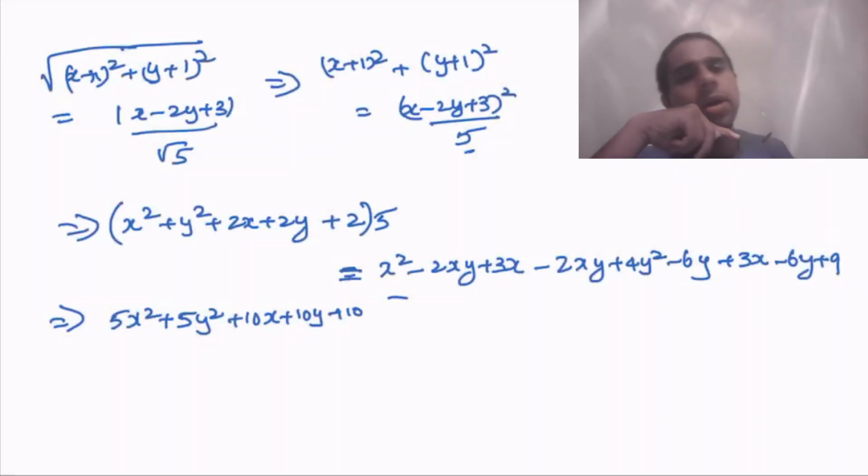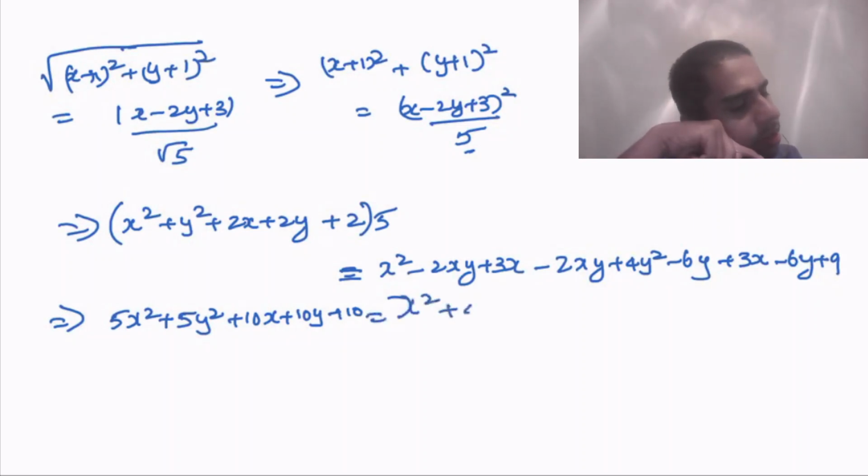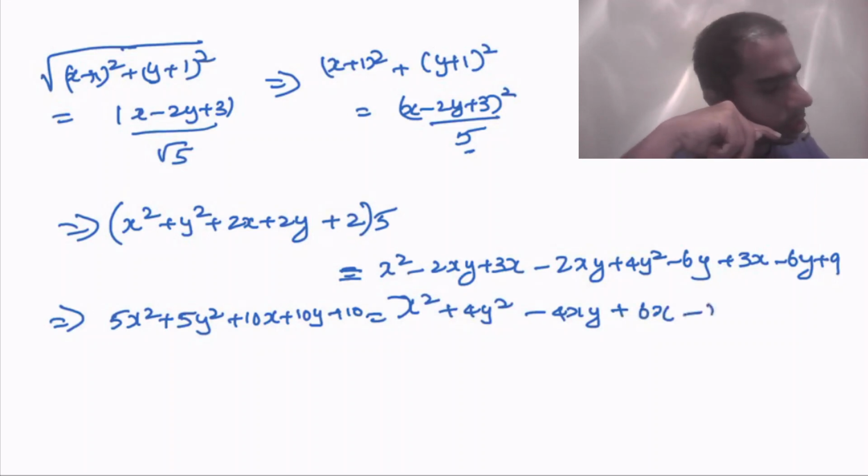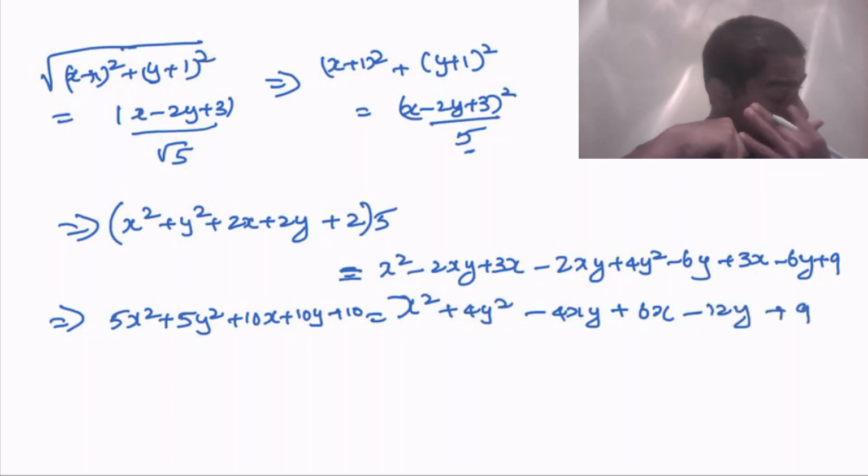Right? Now we rearrange the terms and bring all the terms together. x square plus 4y square, minus 2xy minus 2xy is minus 4xy, plus 3x plus 3x is plus 6x, and minus 6y minus 6y is minus 12y, plus 9. Right?